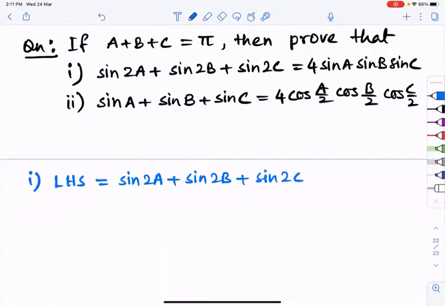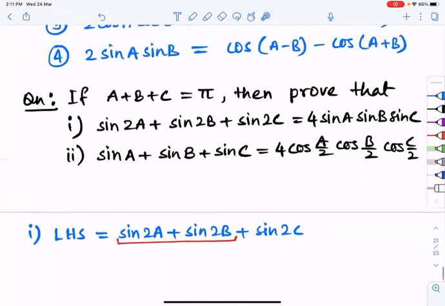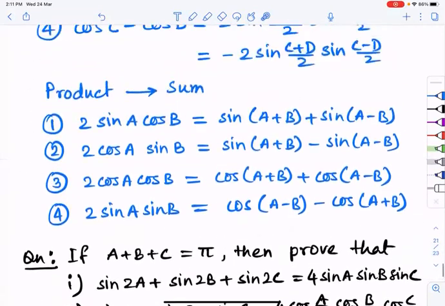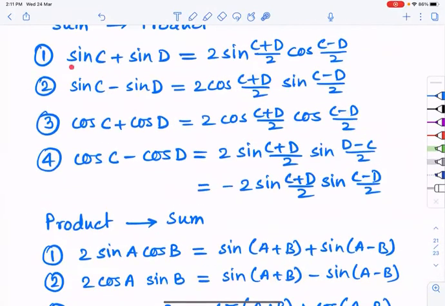We are going to consider these two terms together, and we are going to apply this formula here. Sine c plus sine b. There are two sine terms, and in between there is a plus sign. So what will happen? Angles will get added and divided by 2, and then subtracted, divided by 2.